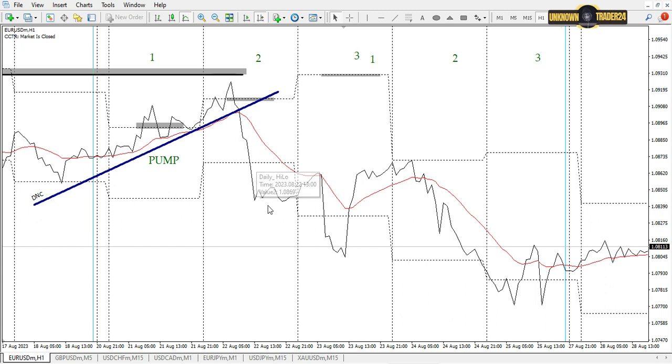It goes down 3 levels: 1 down, pulls back, 2 down, pulls back, 3 down, pulls back, and then we expect a reversal. So this is how you can understand a weekly template. If we count the days where they dumped it, this is day 1 of dump, this is day 2 of dump, this is the 3rd day of dump.